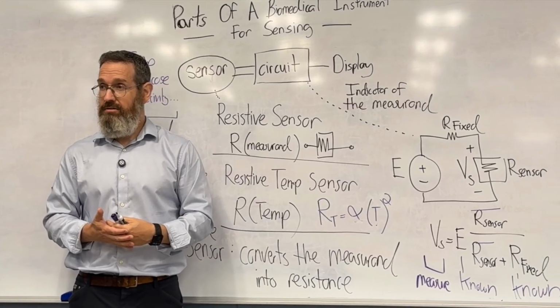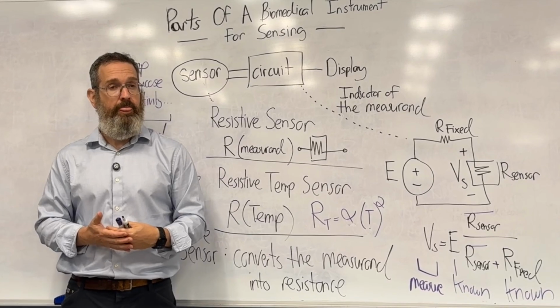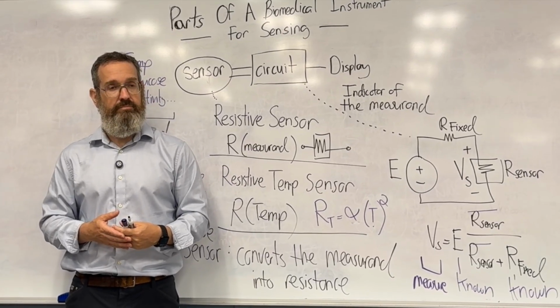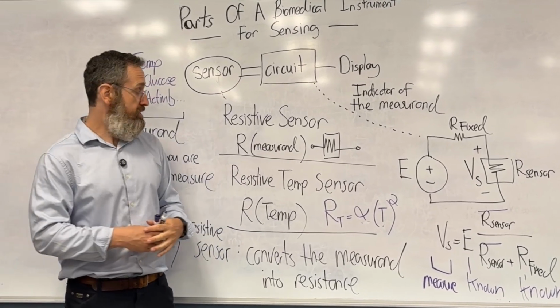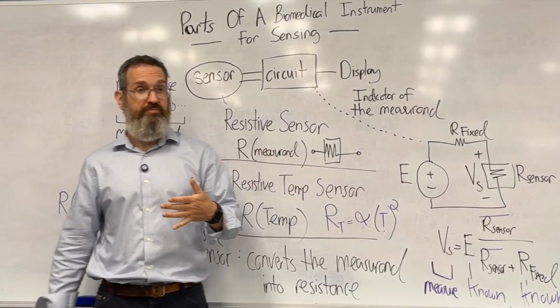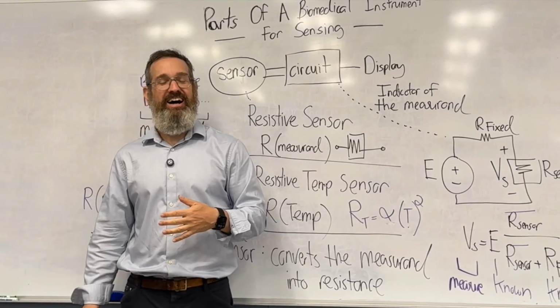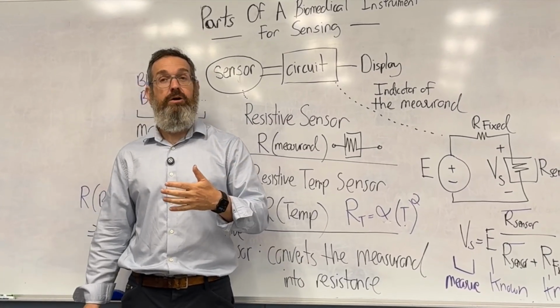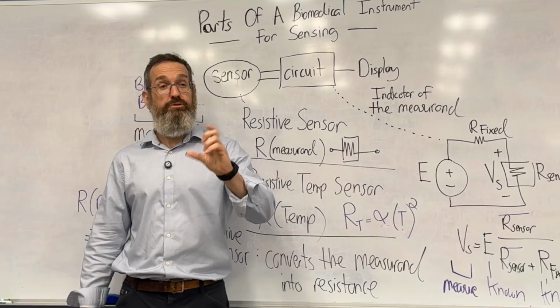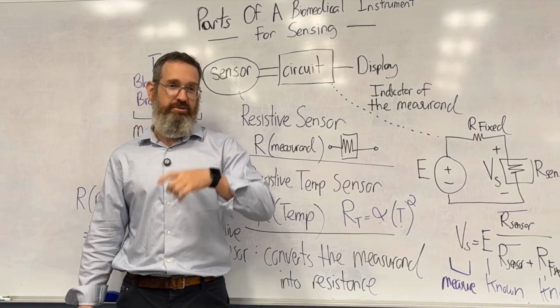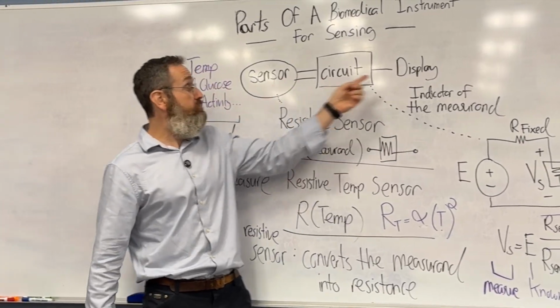Any questions on that? Yeah. So are we also mainly doing resistive sensors throughout the course? So the question is, are we only doing resistive sensors? No. We will do things called capacitive sensors and light-based sensors, but they will be permutations on the rule rather than, this will not change.